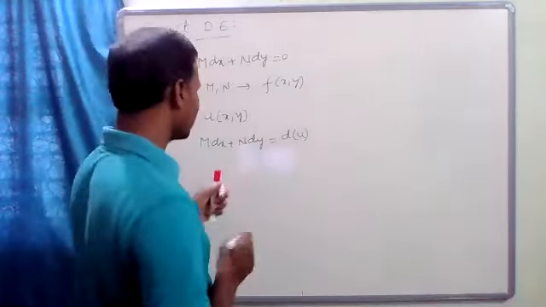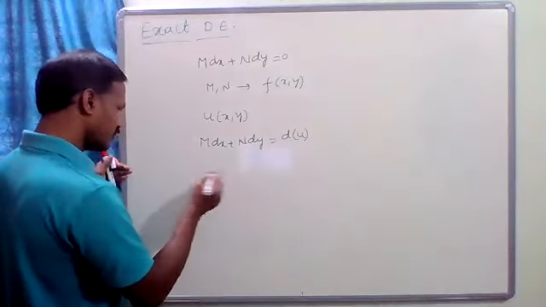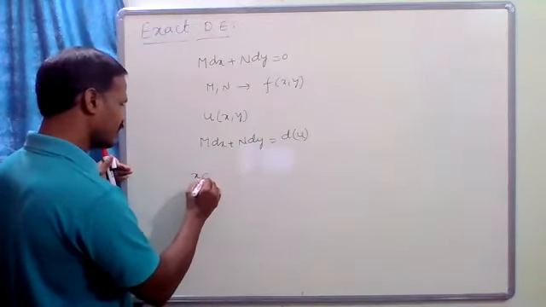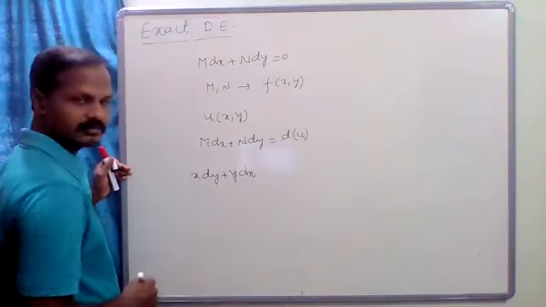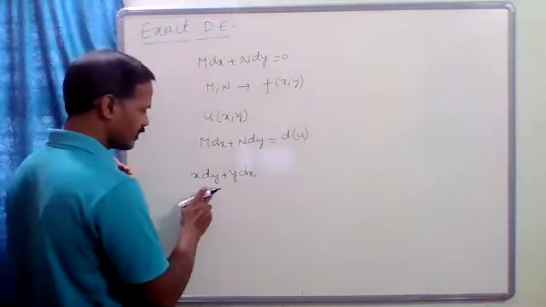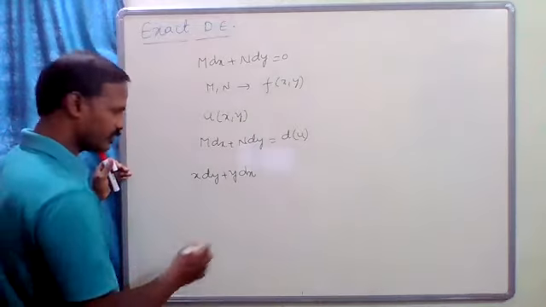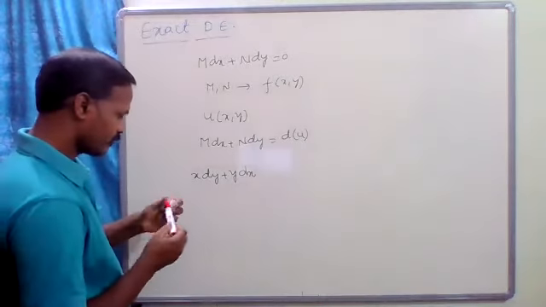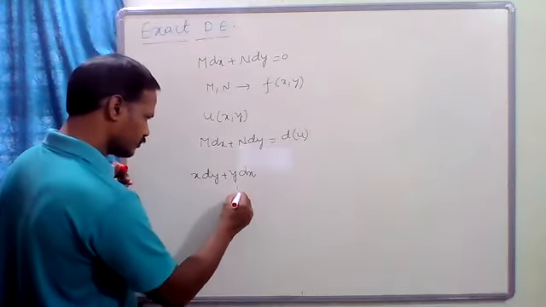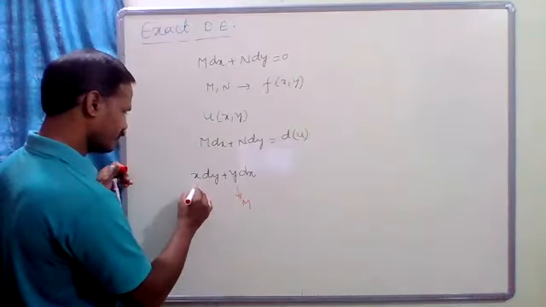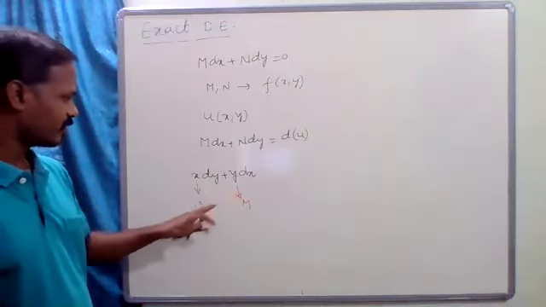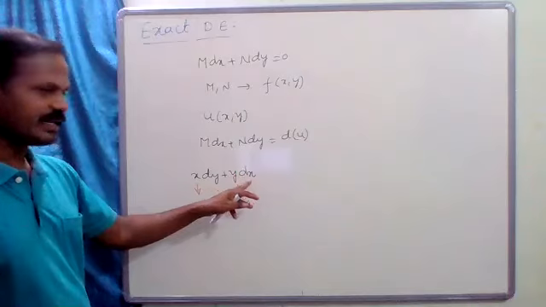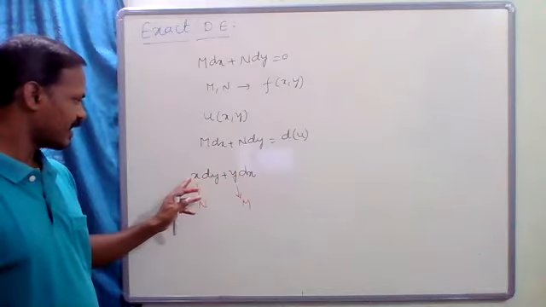So for example, suppose x dy plus y dx is given. Here what is M? This is M, this is N. M value is y, N value is x, because M dx plus N dy.